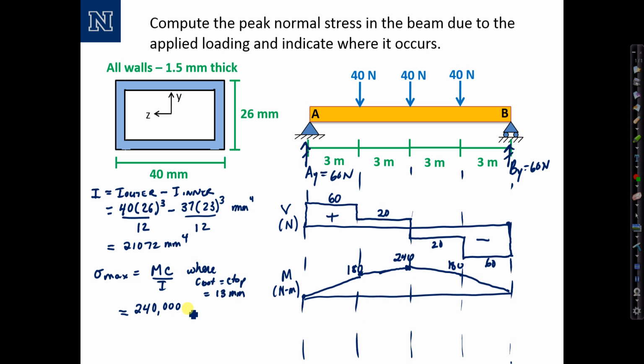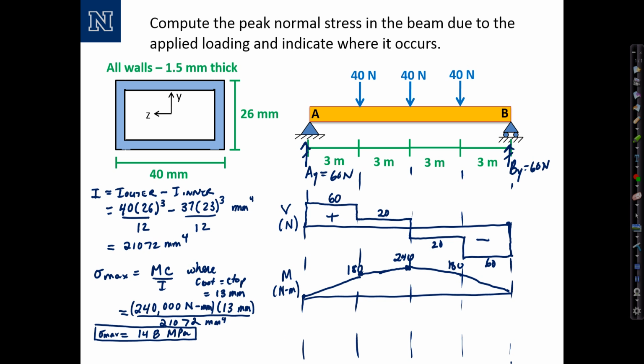So I have 240,000 Newton millimeters times my c value, 13 millimeters, divided by my I value, 21,072 millimeters to the fourth, which computes to 148 newtons per millimeter squared, or megapascals, and that is the units in which I prefer the stress to be calculated. So that's the value. What about the sign?